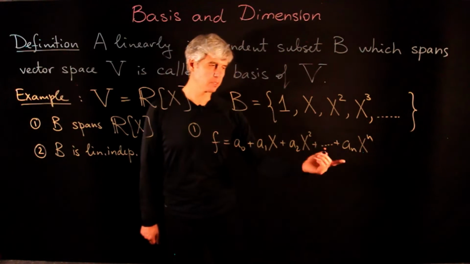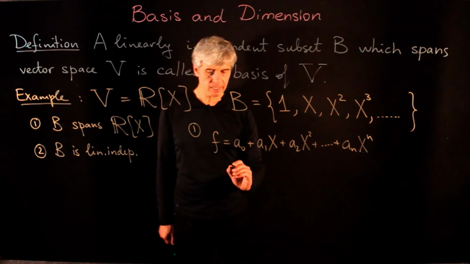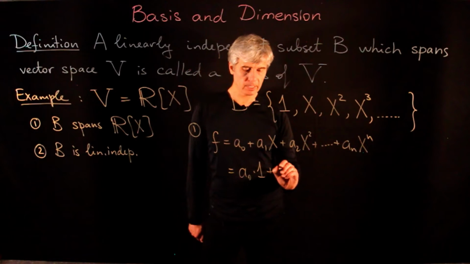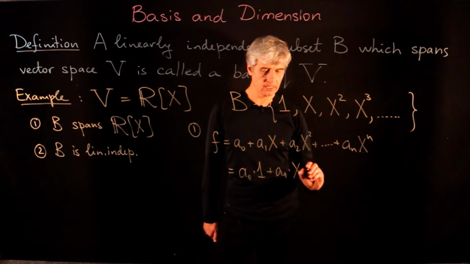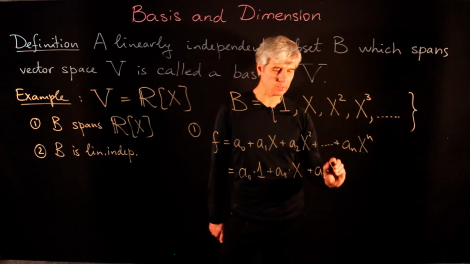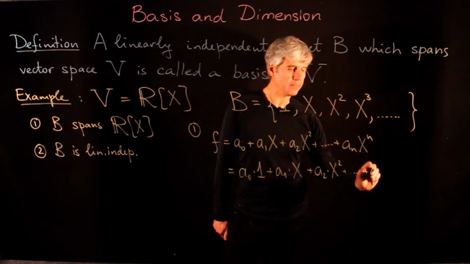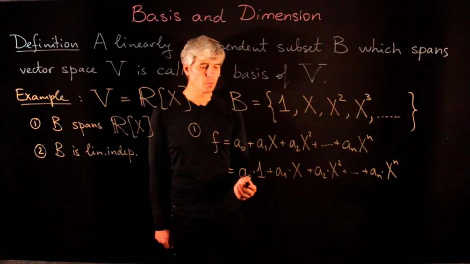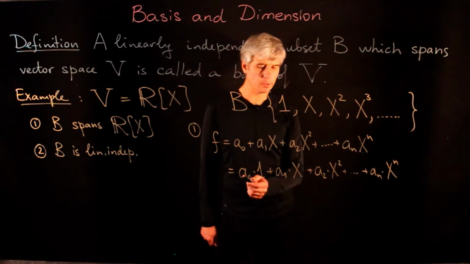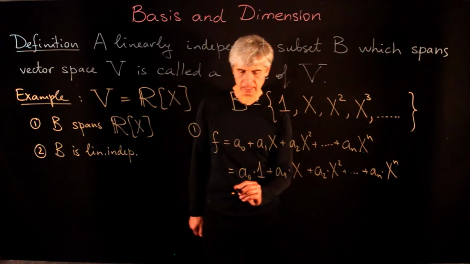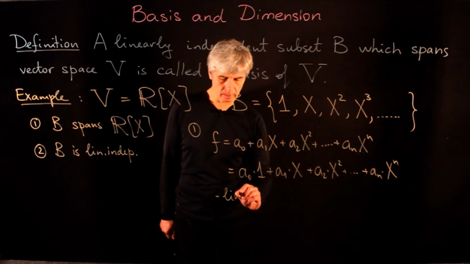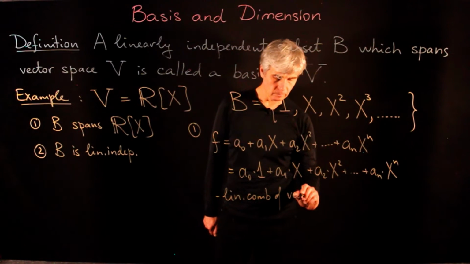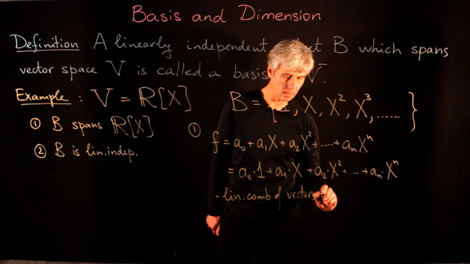Any polynomial can be written in this form. This is interpreted as a0 times 1 plus a1 times x plus a2 times x squared plus an times x to the n. And so the way we can interpret this polynomial is that this is a linear combination of vectors from B.